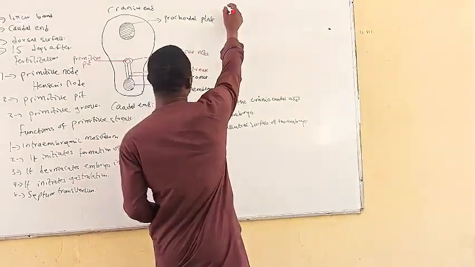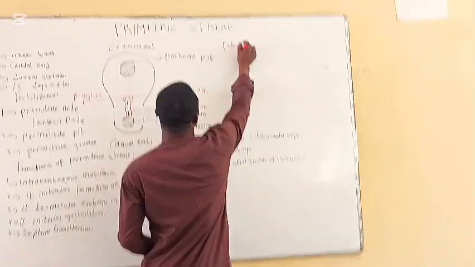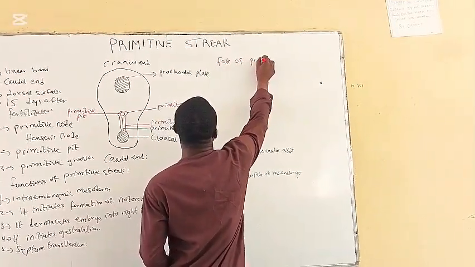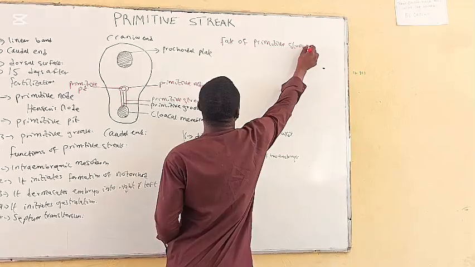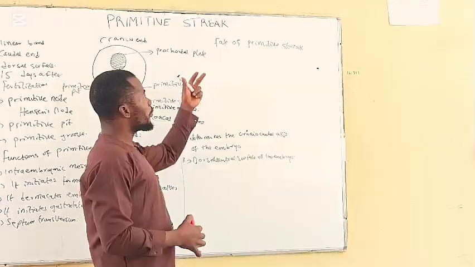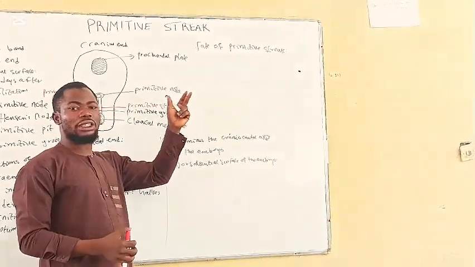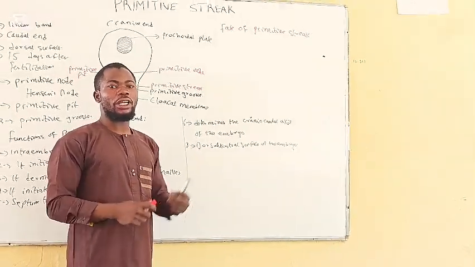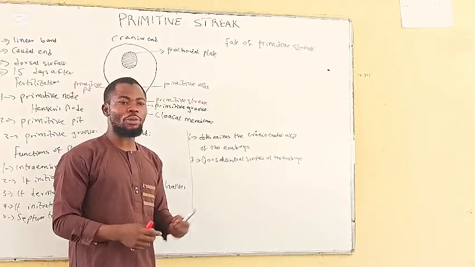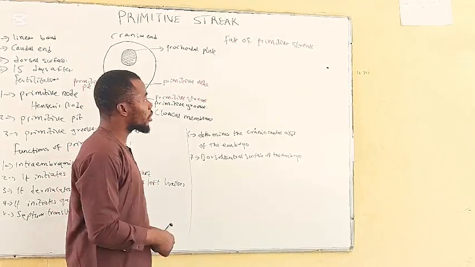Next is the fate of the primitive streak. The primitive streak actively gives rise to the intra-embryonic mesoderm by the ingression of its cells up to the end of the third week.